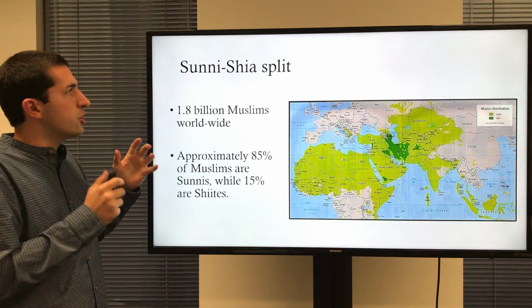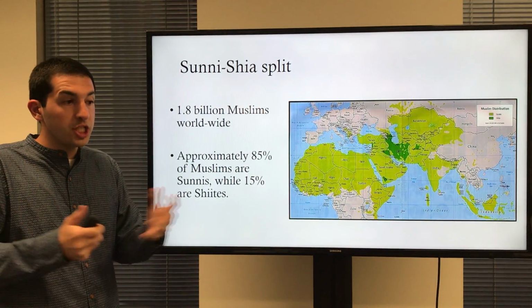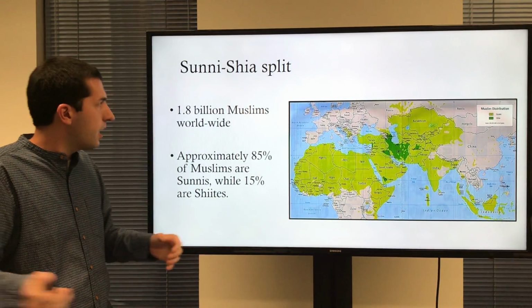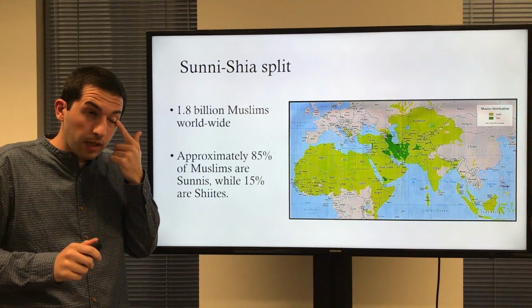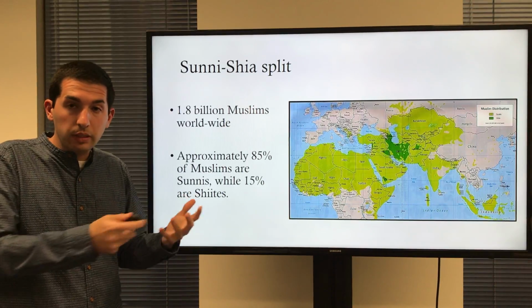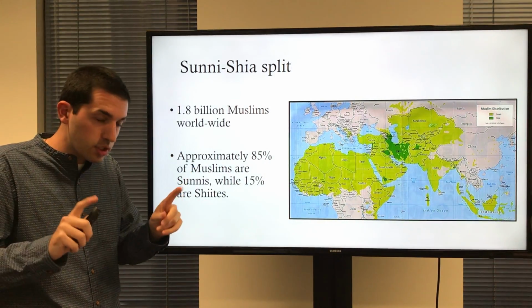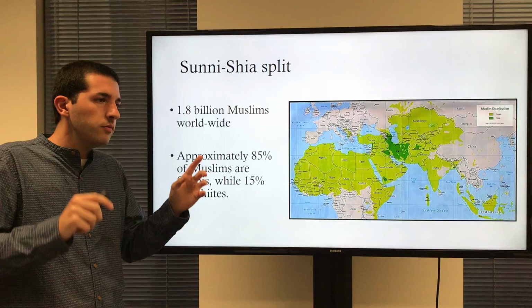The Sunni-Shia split, or schism, which is a fancy word for split. 1.8 billion Muslims worldwide. Muslims are those who believe in Islam as a faith, a monotheistic religion, one God, Allah.